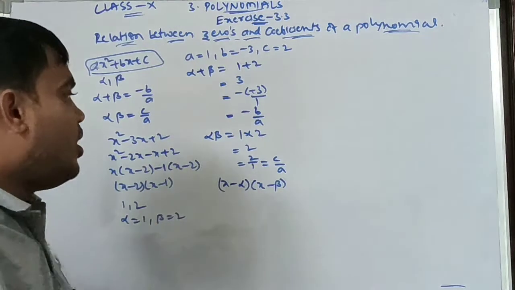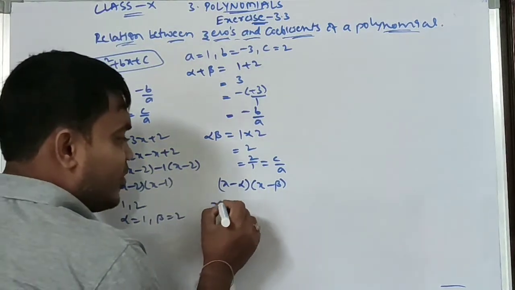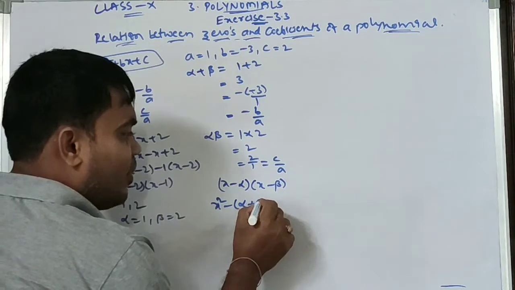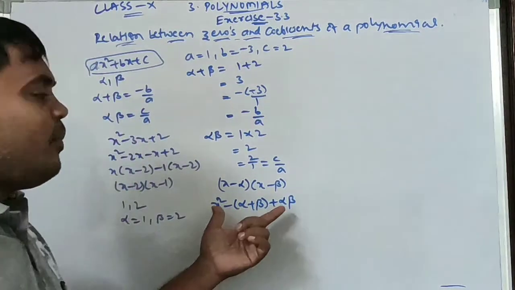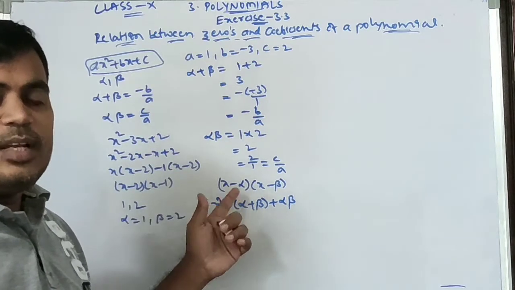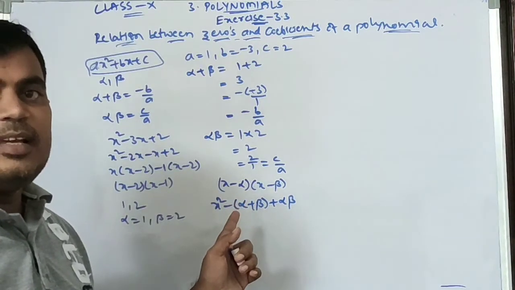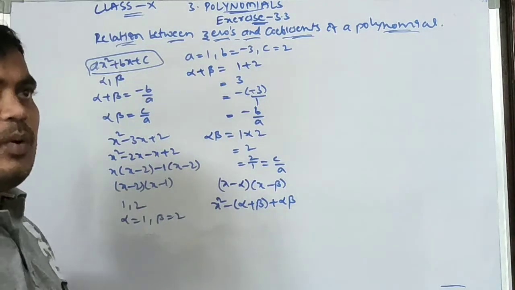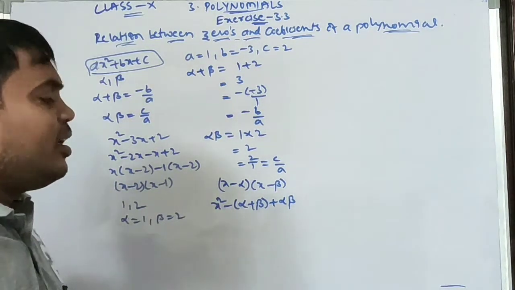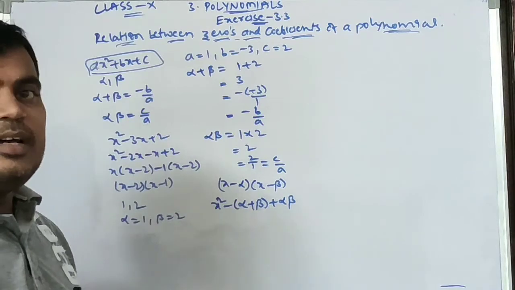Or else x square minus of alpha plus beta x plus alpha beta. So this is also the polynomial. Since the degree is equal to 2, this is called a quadratic polynomial, containing zeros alpha and beta.